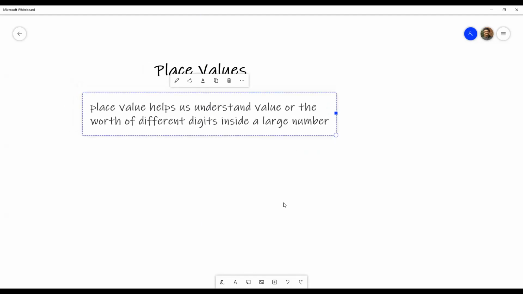Place value helps us understand the value or the worth of different digits inside a large number.